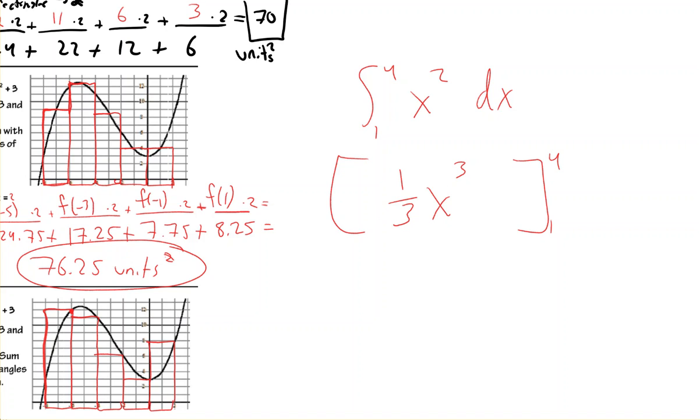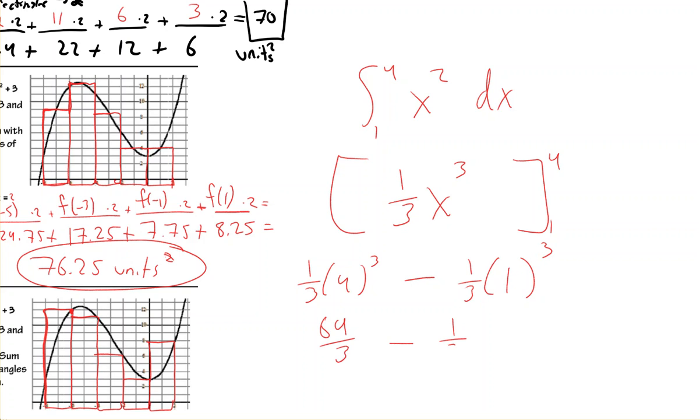And you'll get used to that because we do it for a whole semester. And then we just plug these values in. So one time we plug in 4. One time we plug in 1. And then we subtract them. And so this would be 4 times 4 times 4 divided by 3. 64 thirds.